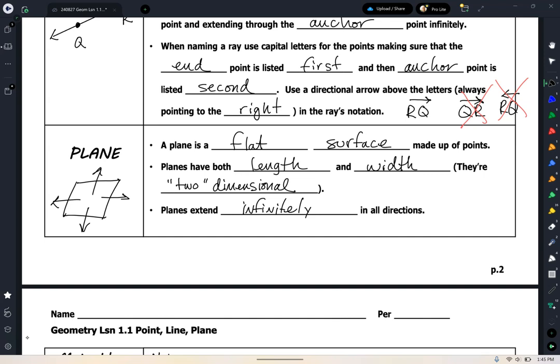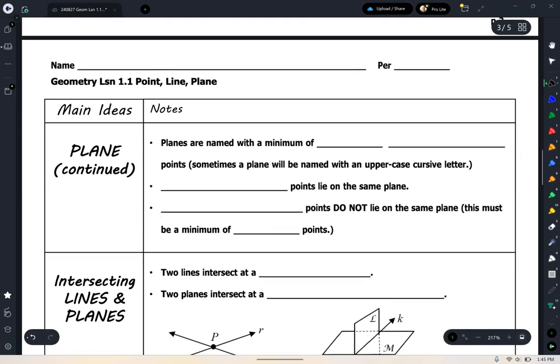Obviously, this doesn't extend infinitely in both directions, but that would be the idea of a plane. And we could have planes that do not touch each other and they sit and they float above each other like this, or sideways like that. But we could have planes that intersect as well, okay? And so we're going to be talking about that as we continue and move forward a bit. All right, so let's go on and continue defining out our planes a bit more.